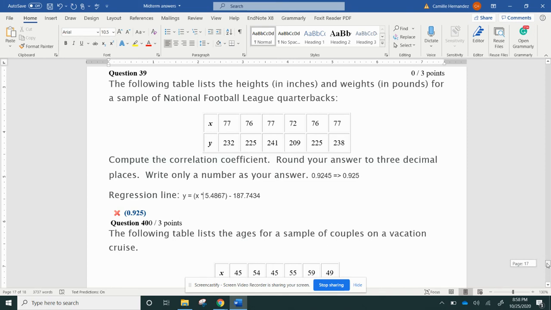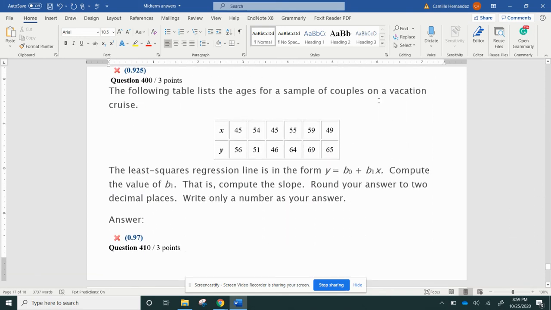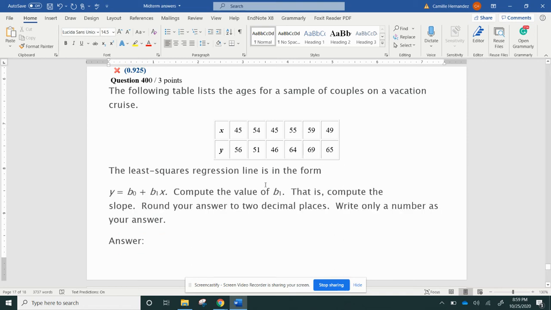All right, so here it goes. The following tables list the ages of a sample of couples on a vacation cruise. All right, so here they are. So x and y, and again, I already put that in my data set. The least squares regression line is in the form y equals b0 plus b1x. All right, let's break this down.